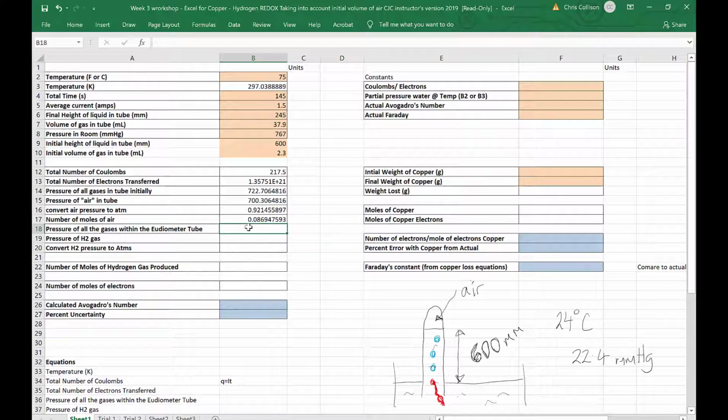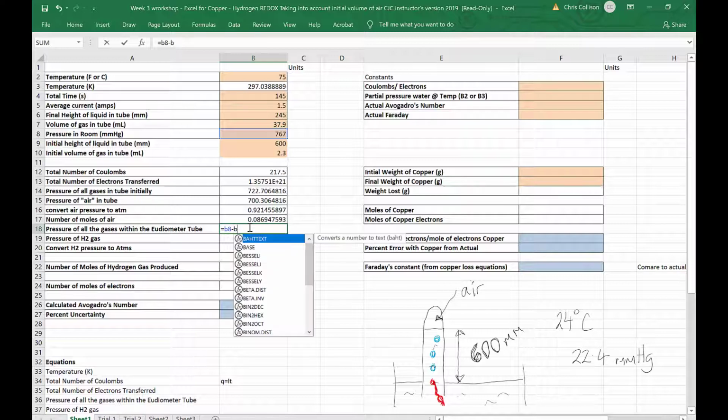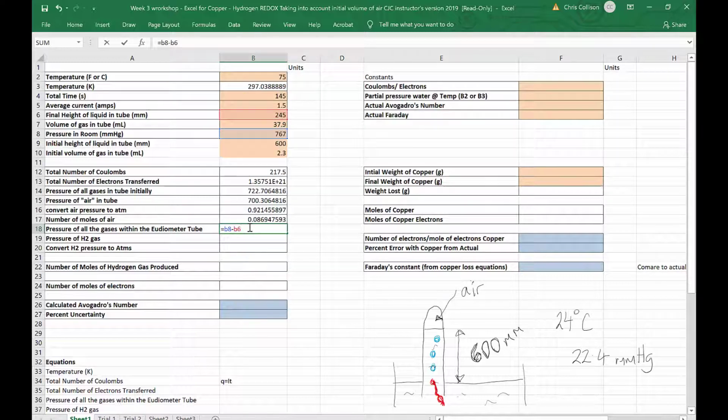So we're going to say equals B8, and we're going to subtract from that now the final height of the tube, which is in cell B6, just like we did before. And then we're going to multiply that value, which is the number of millimeters of water, and convert it into millimeters of mercury. So that ends up being multiplied by 1 divided by the density of mercury, which is 13.546.